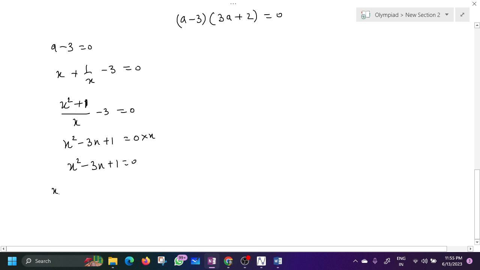So you will get x is equal to minus (minus 3) plus minus square root of (minus 3) square minus 4 times a is 1, c is 1, whole over 2 into a is 1.